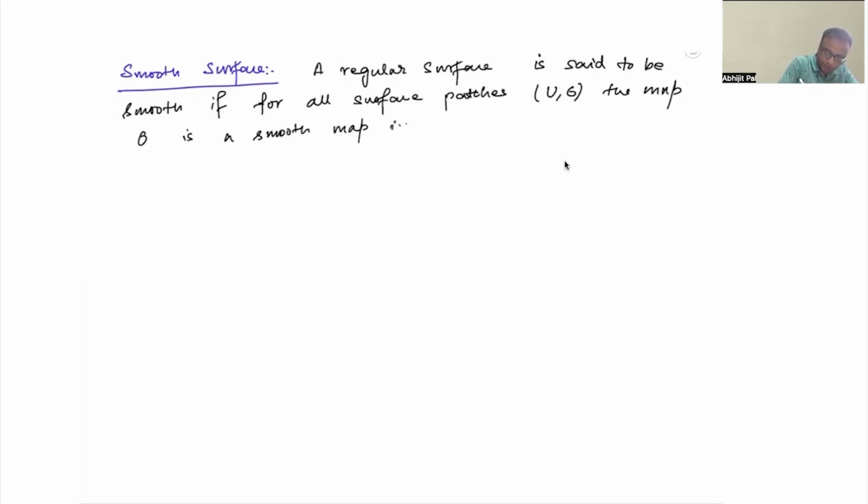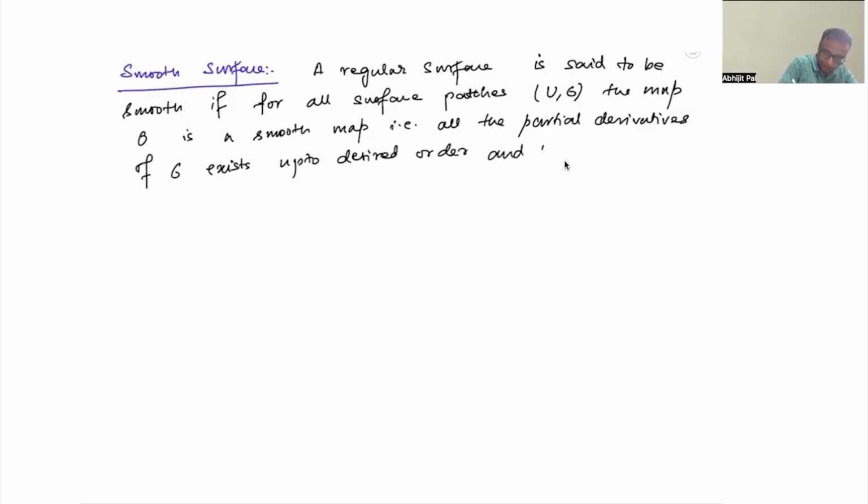That is, all the partial derivatives of sigma exist up to the desired order and they are continuous.